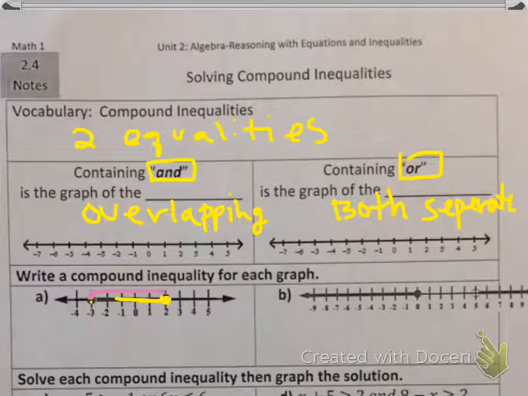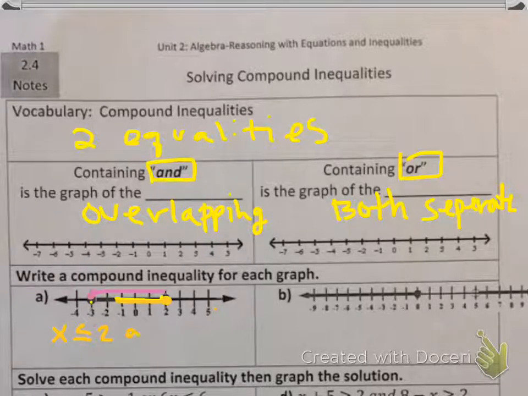So the first one would be, well, let's just use x as our variable. So we're going to go x, and because this is solid right here, we're going to say is less than or equal to 2, because that would be the graph from here on the yellow down this direction.